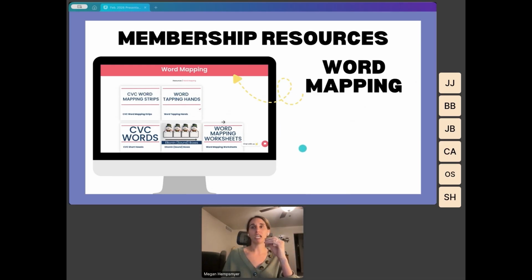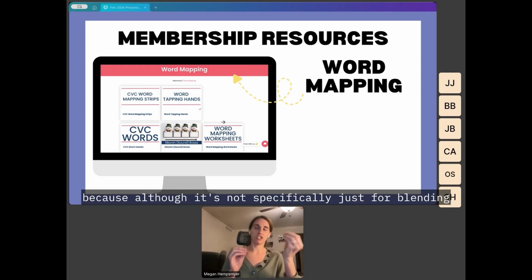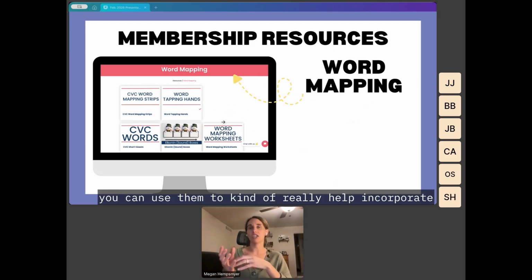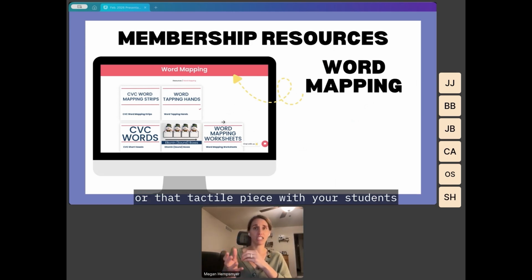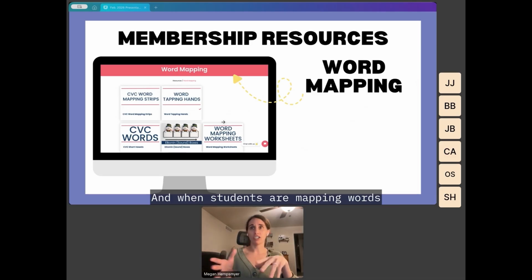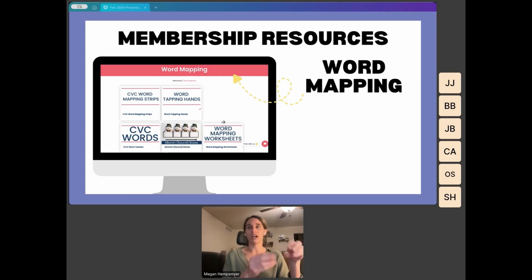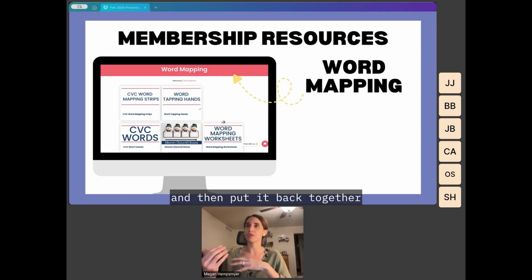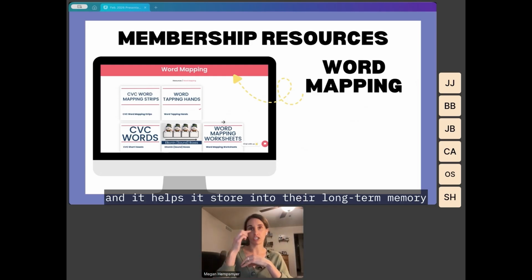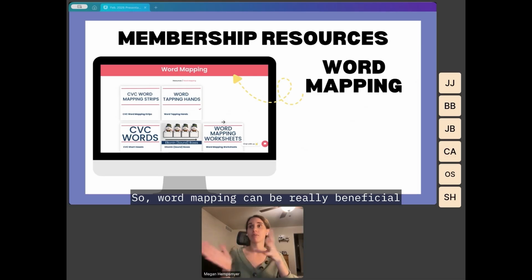These are really helpful because although it's not specifically just for blending, you can use them to help incorporate that movement piece or that tactile piece with your students. And when students are mapping words, they have to be able to break the word apart and then put it back together, and it helps it store into their long-term memory.